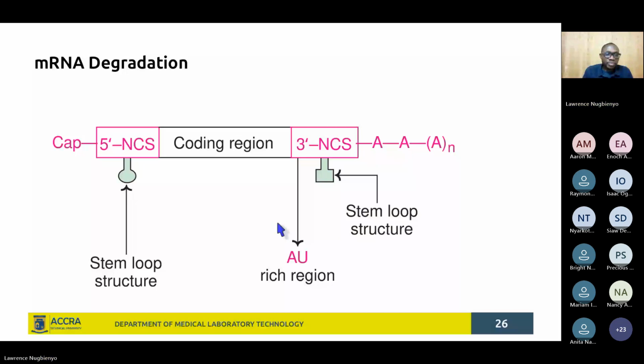You can also have, I think when you go and look at some of those videos, you will see somewhere capping and poly A tail being attached in processing. So similarly, you have in messenger RNA some protective capping to the 5' end, and then the 3' end, you have some poly A tail also, protecting the messenger RNA from degradation, because degradation of the messenger RNA, you remember we mentioned that you have some catalytic RNAs, ribozymes, that are involved in the recycling or the breakdown of messenger RNA.